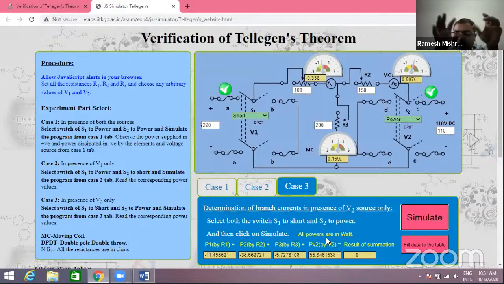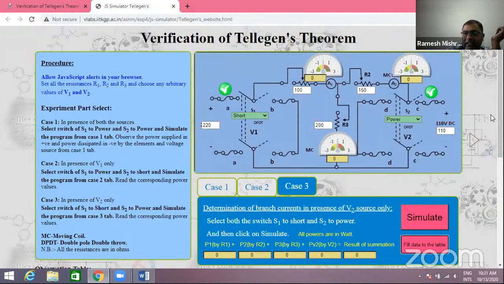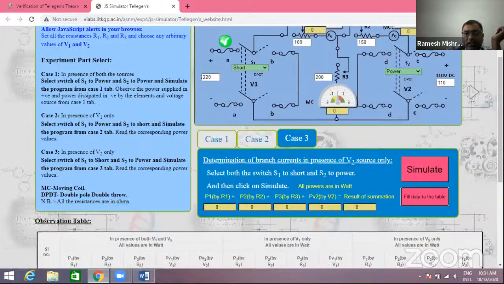So we know very well this circuit verifies Tellegen's theorem, because all power sums are equal to 0. Now fill the data into the table. We see the data filled into this table.